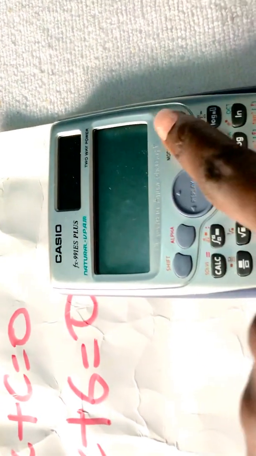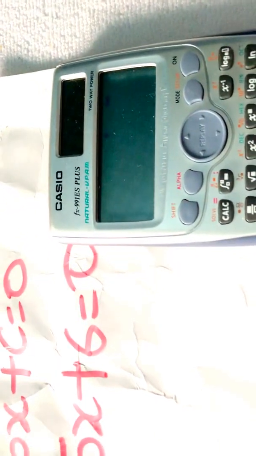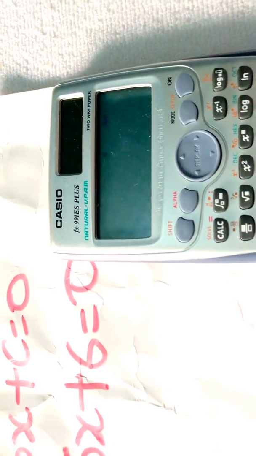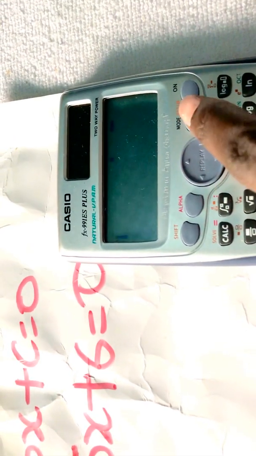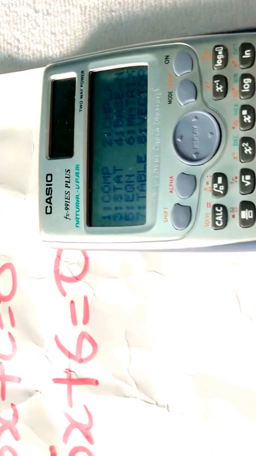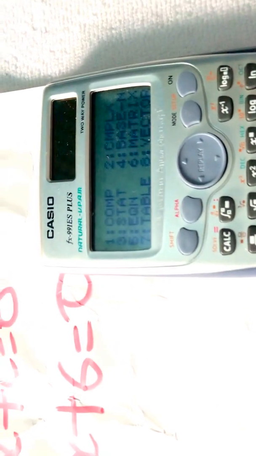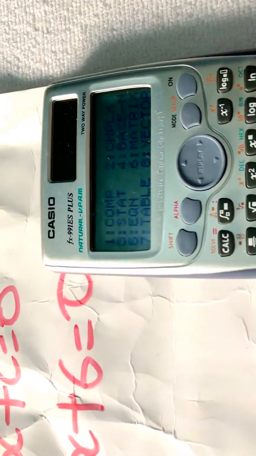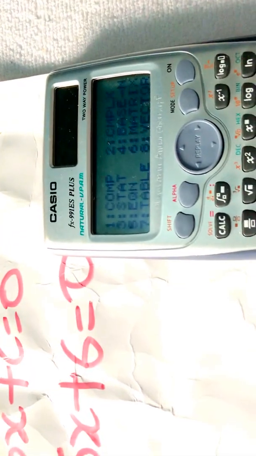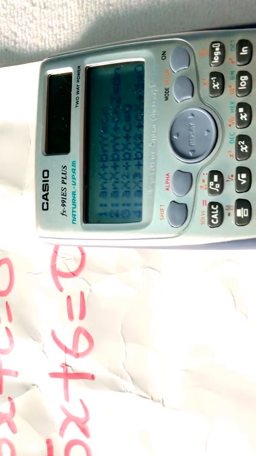Our calculator is off, so we have to turn it on, and that is perfect. We move to mode setup. Then we identify equation from the list. Number 5 is our equation, so we select 5.